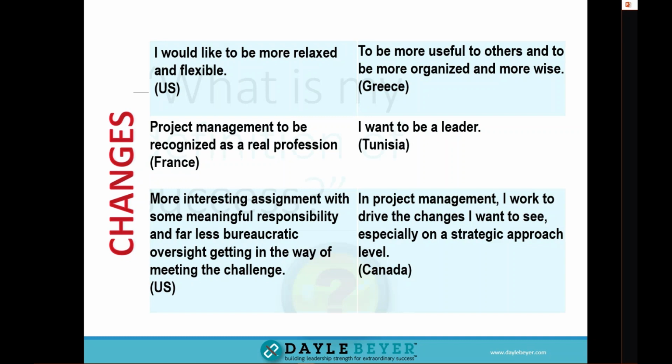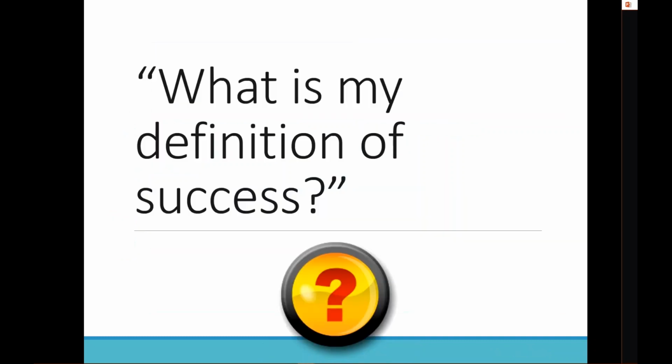Now, let's carve into here, what is my definition of success? How do you define success? So type this into your chat box. So here's some answers.